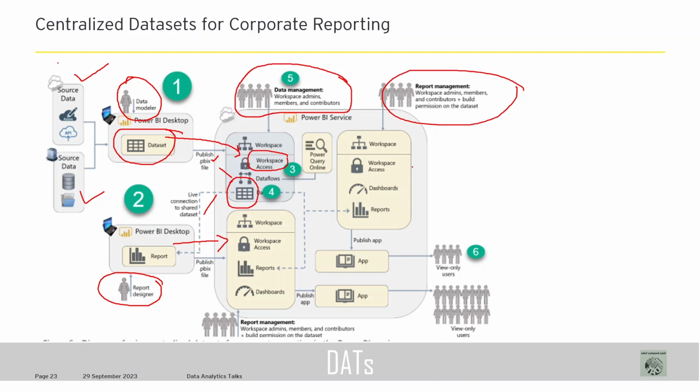So we have workspace 1, we have workspace 2. Then what happens? Then the workspace 2 publishes an app and workspace 1 also publishes another app. There are 2 apps. Okay. What happens? Then we have view users, multiple sets of view users. One set is consuming one app and another set is consuming the second app.